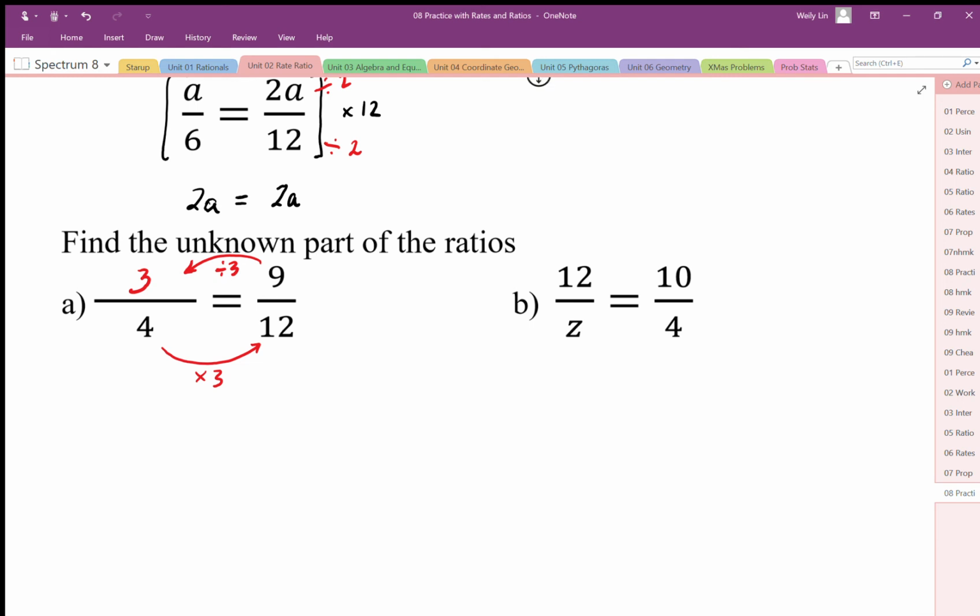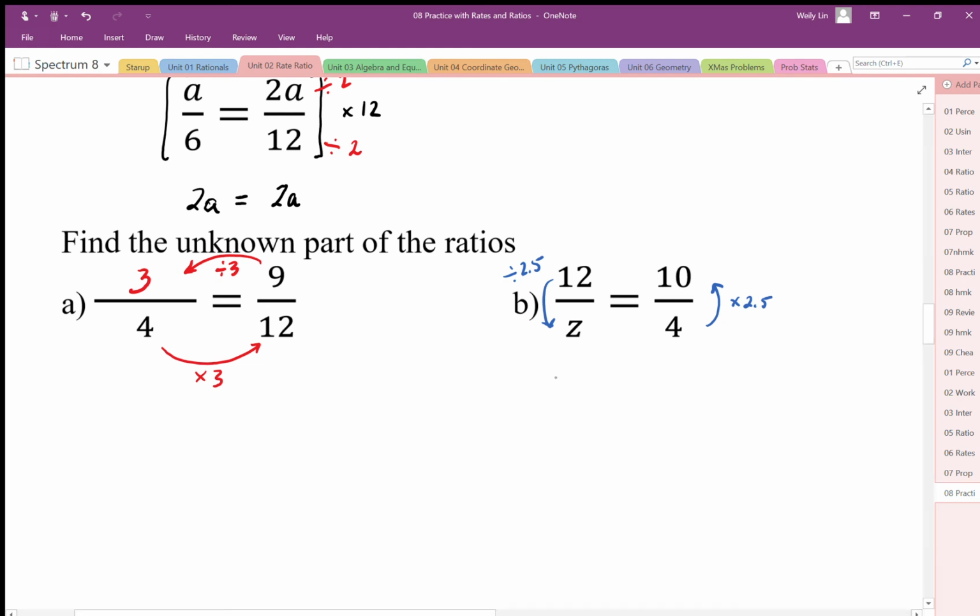So this one here, we can again use our times divide factor. Here I could use my vertical multiplier. So if I want a multiplier, again, I divide. So 10 divided by 4 is going to be 2.5. So going in this direction then, I'm going to divide by 2.5. So 12 divided by 2.5 is going to give me 4.8.